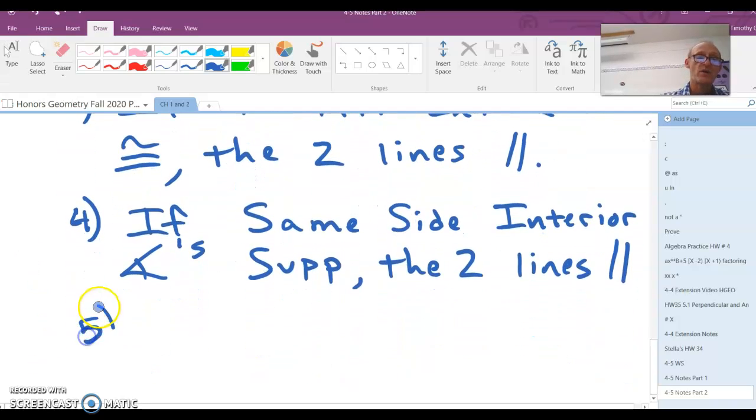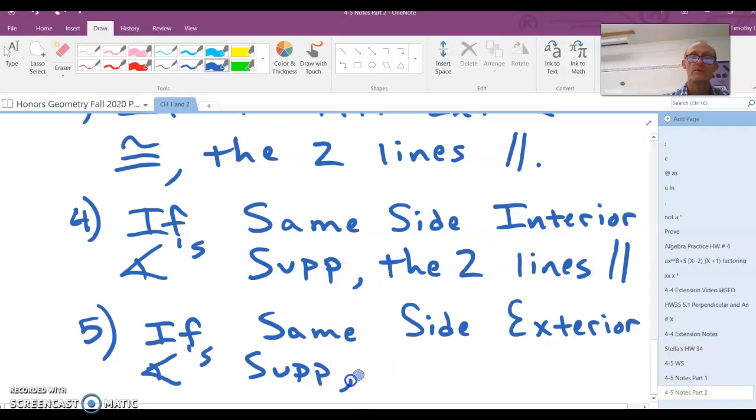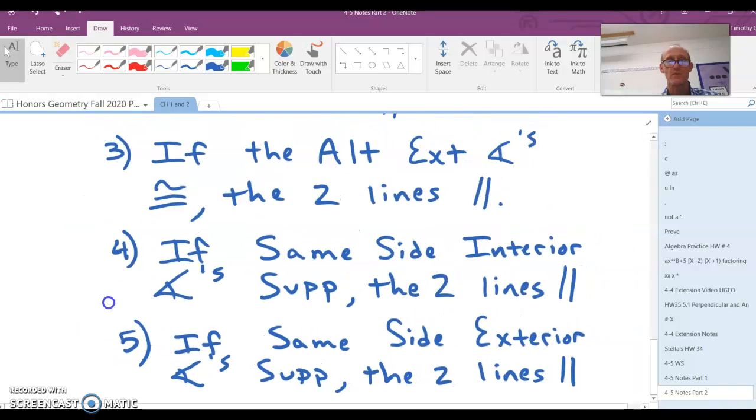And the last one is if same side exterior angles are supplementary, the 2 lines are parallel. Okay, so a lot going on there.